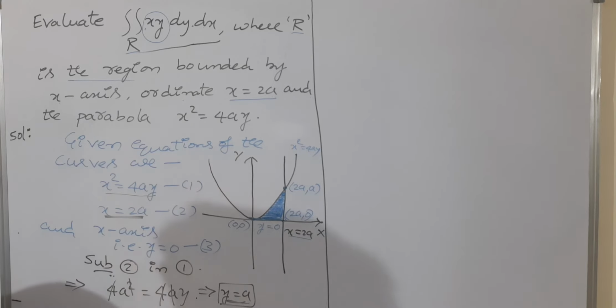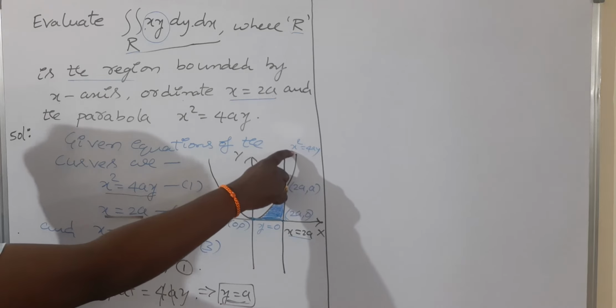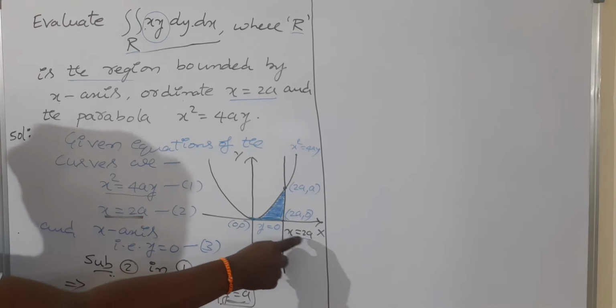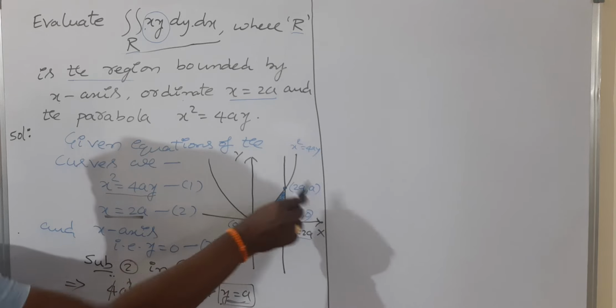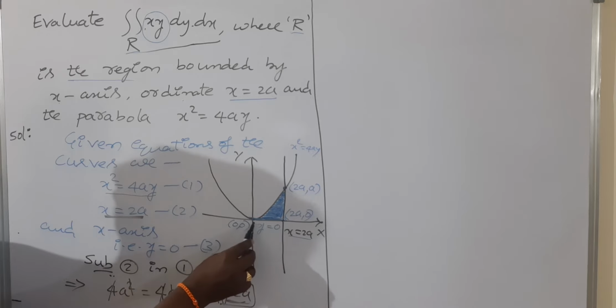Okay, clearly the parabola x square is equal to 4ay and the straight line x is equal to 2a both intersect at 2a comma a and at the origin.